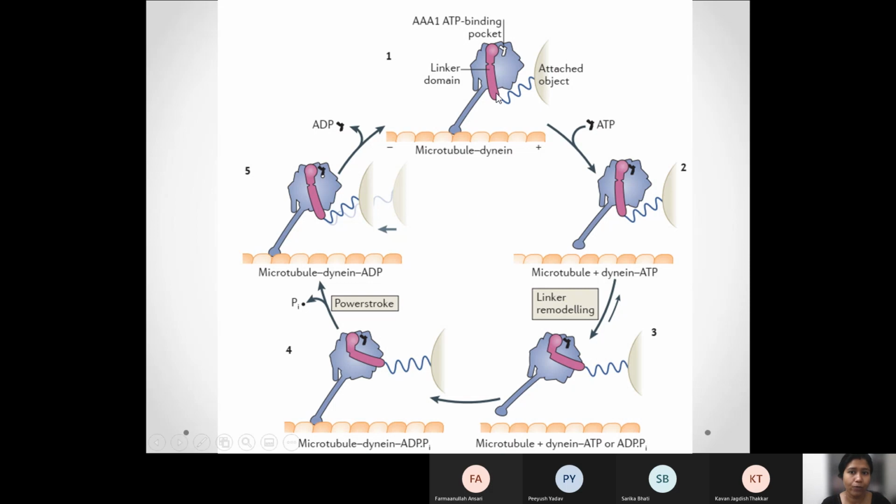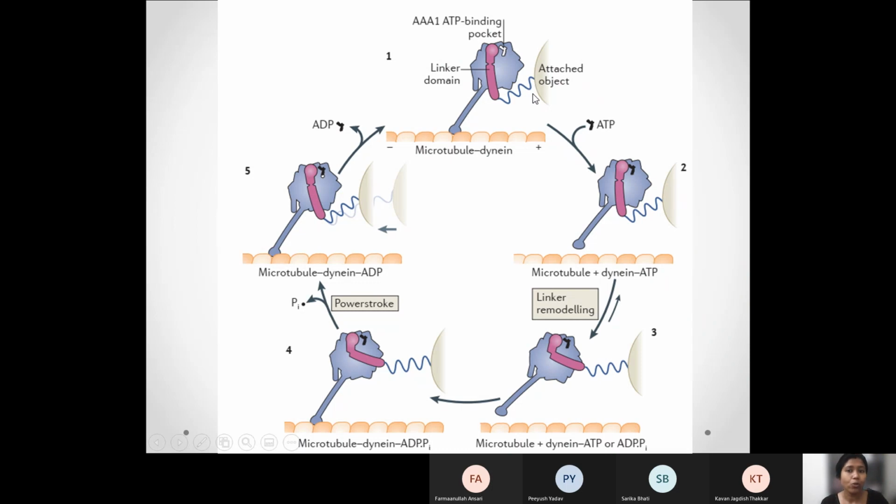And if you now look at one such structure, this is the coil domain with the end that binds to the microtubule. And what you see associated here is the linker. And along with the linker, we know that there is the N-terminal tail that binds to the cargo, right?